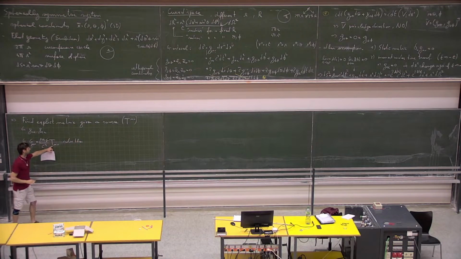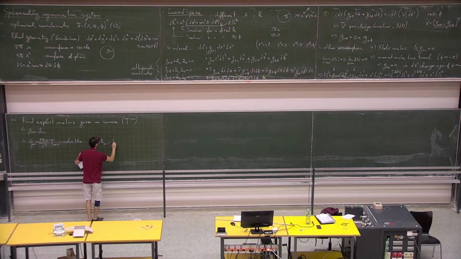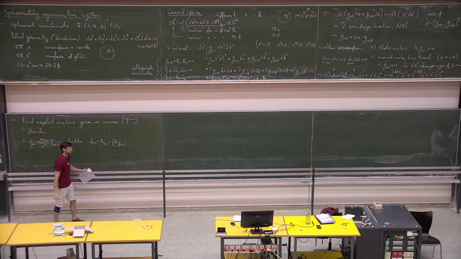What do we need? Well, we need the Einstein tensor, G mu nu, which is equal to the Ricci tensor, R mu nu, minus 1/2 Ricci scalar, g mu nu. What do we need for that?